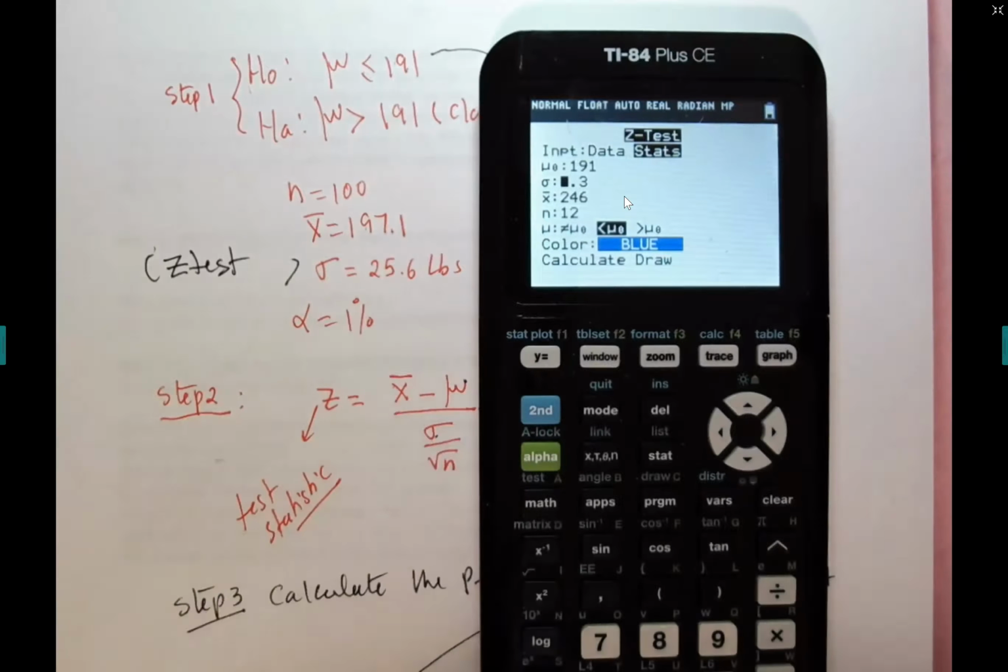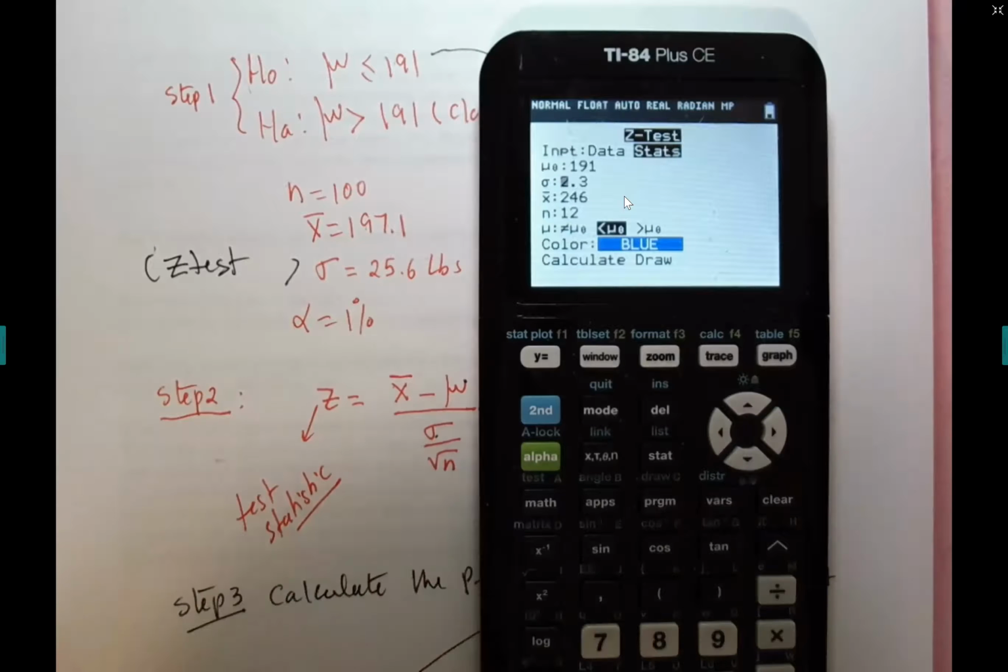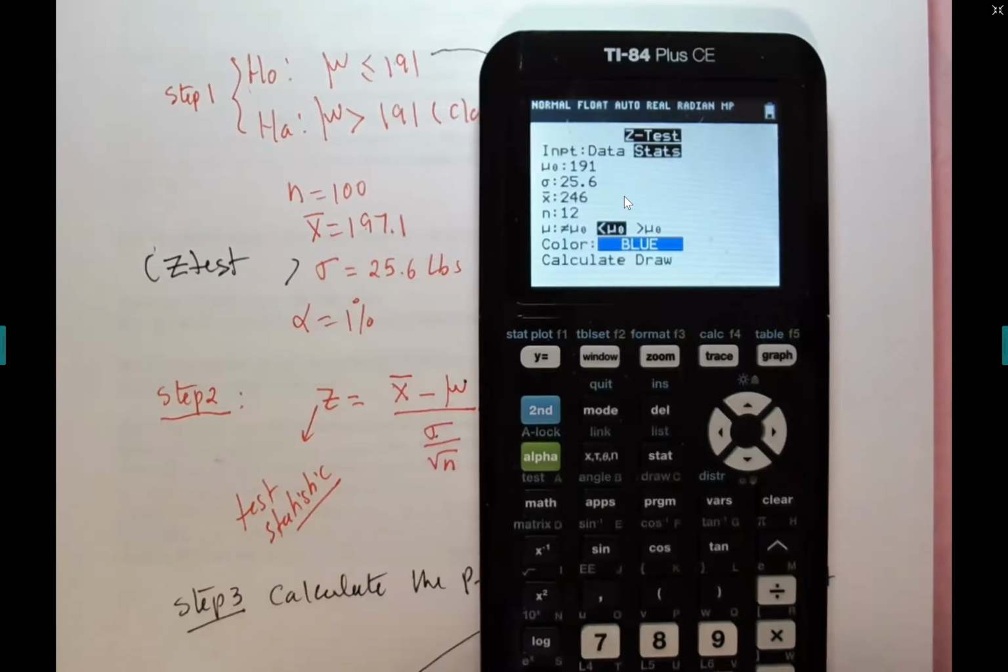Next, he wants sigma. What's sigma, guys? Read it off the screen. 25.6. That is correct. Next, he wants X bar. Yeah, I agree. 197.1.